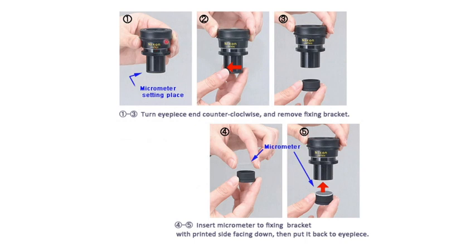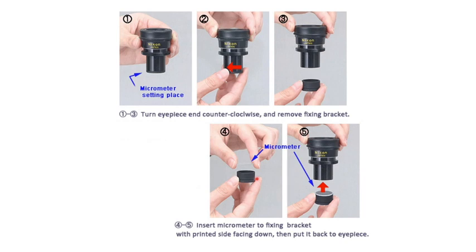After removing it, you will have to move the end of the eyepiece counterclockwise, as this arrow is showing, in order to open the fixing bracket. In this way you can remove this fixing bracket and then insert your ocular micrometer into the fixing bracket.